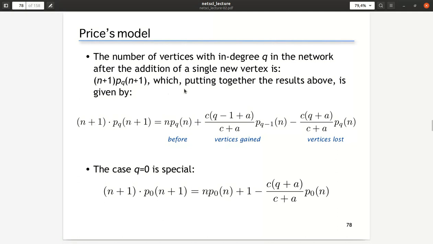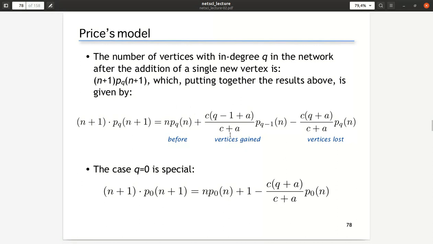If we put together all these three components, then this is the number of nodes with in-degree equal to q in this new network with n+1 nodes, and this was the number of them before.